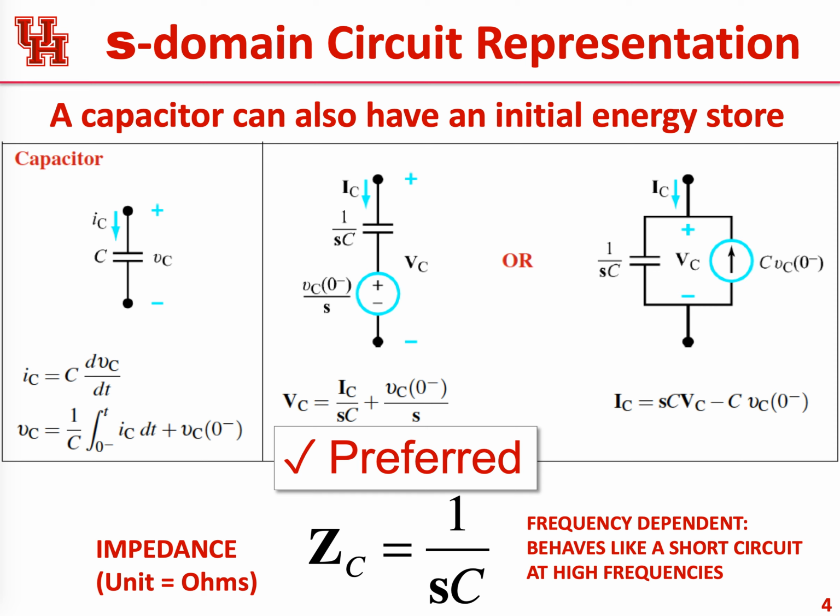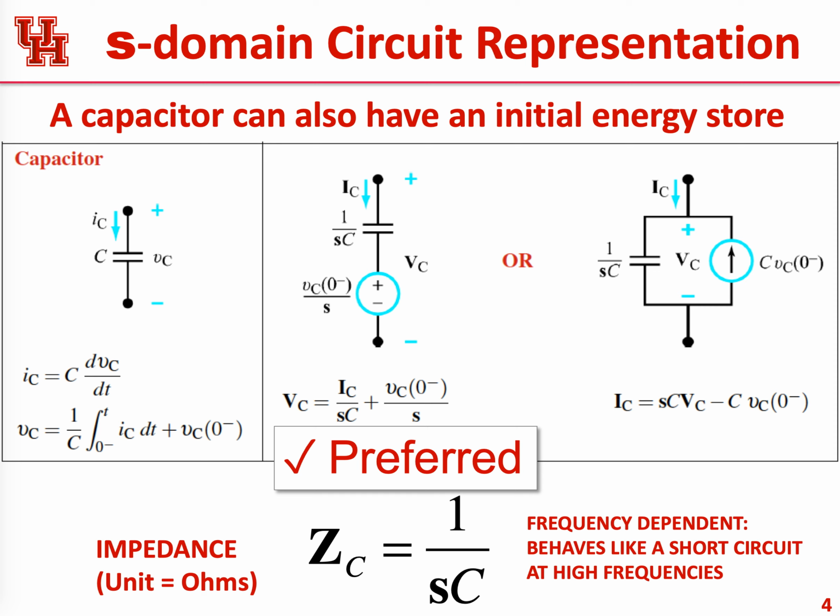So now if we convert this to the Laplace domain, I can write this as I_C of s equals C times the Laplace transform of this derivative. So this is going to be s times the Laplace transform of this voltage minus the initial value of this voltage.